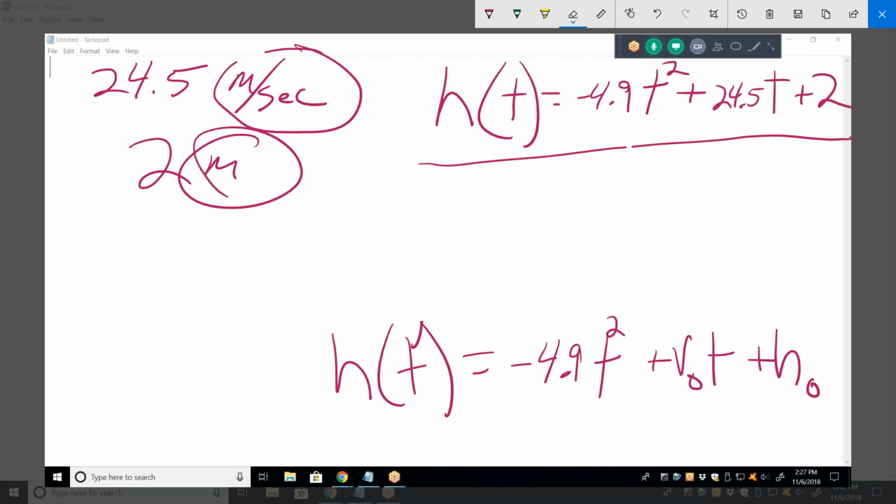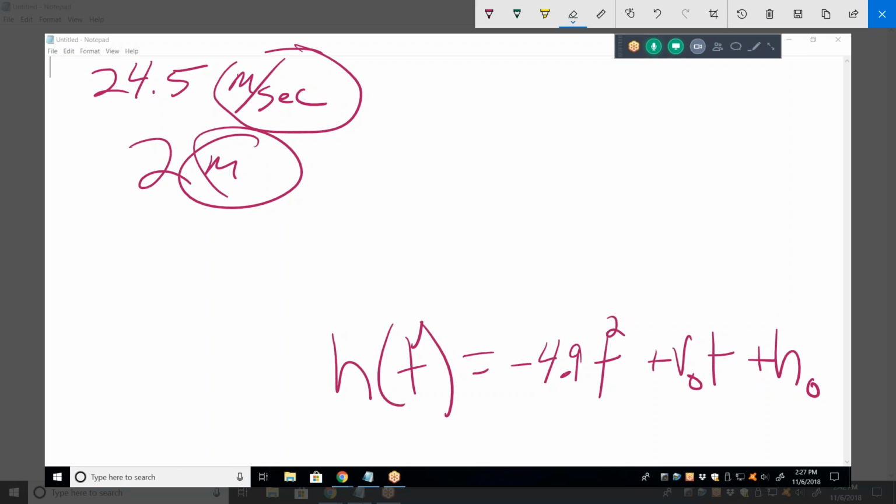Well, it does change the equation. In other words, it changes that coefficient on the t squared. So I'm going to assume that it's 4.9, and we'll do the whole problem based on that. And if it happens to be 9.8, you'll know how to do it correctly. So, notice that when time is 0, the h sub 0 has to be 2, and v sub 0 they're giving you is 24.5.